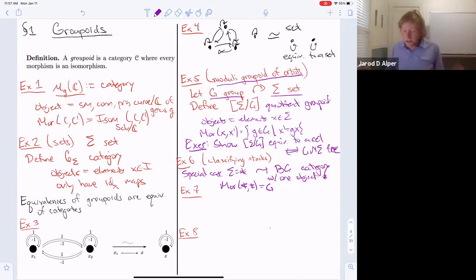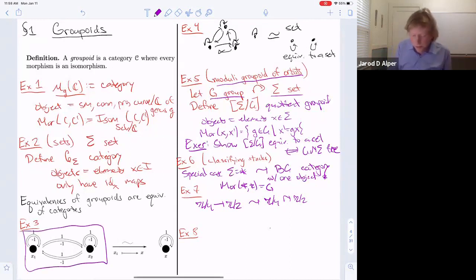And maybe just to give some more examples, let's consider a quotient of groups, Z mod 4 to Z mod 2. In this way, you can view Z mod 4 acting on Z mod 2 via this group homomorphism, and this groupoid would then be equivalent to the quotient Z mod 2 mod Z mod 4.